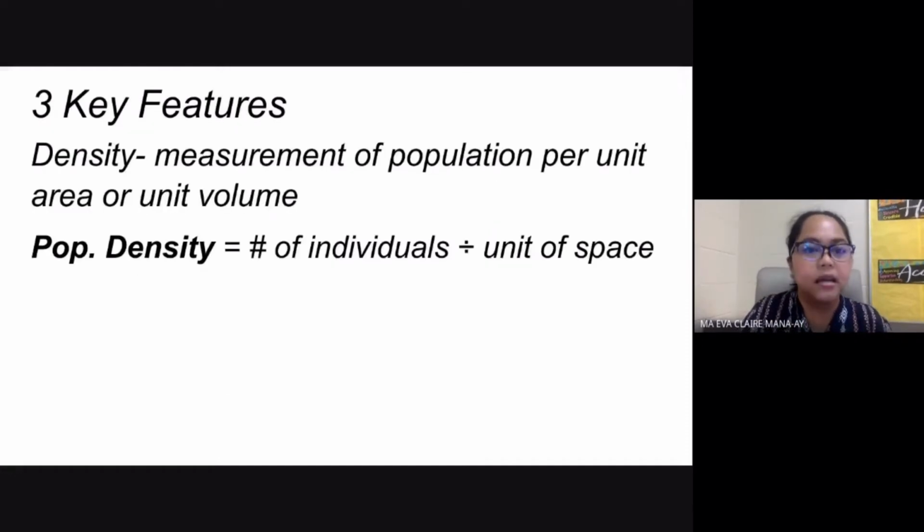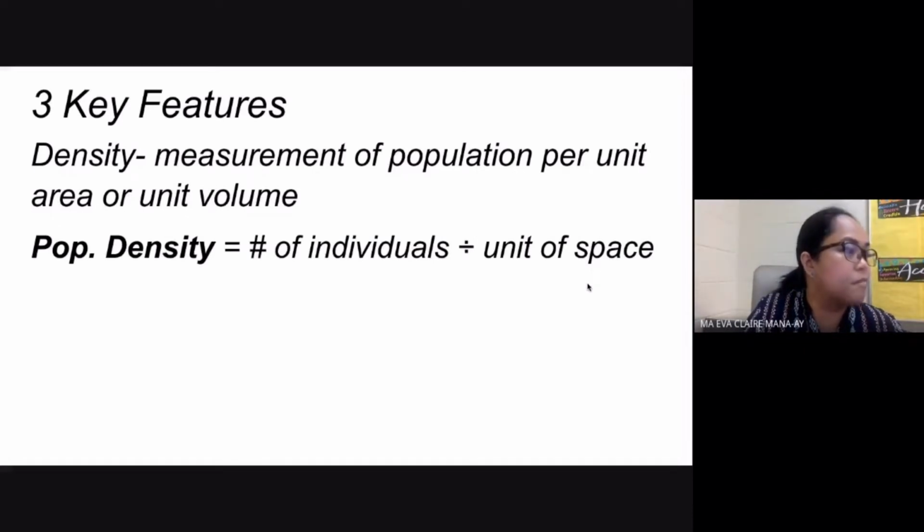Now, the second key feature that we have here is density. When you say density, this is a measurement of population per unit area or per unit volume. So population density is the number of individuals divided by the unit of space.